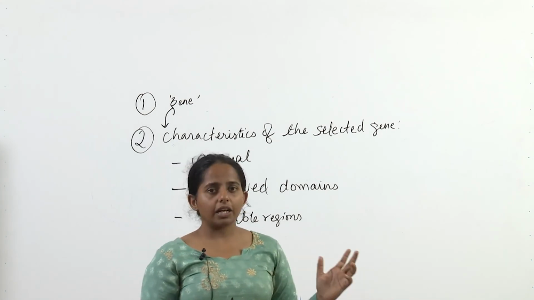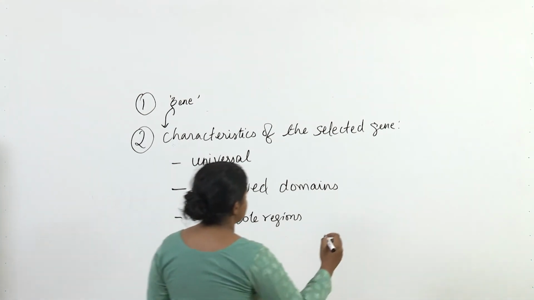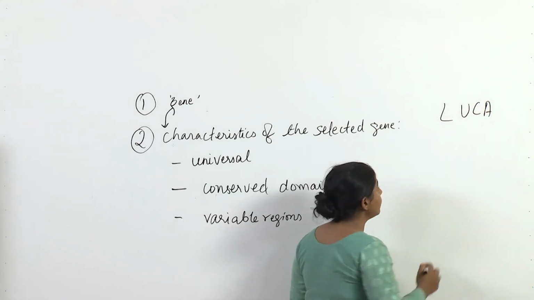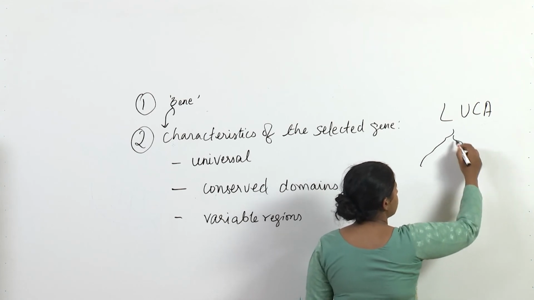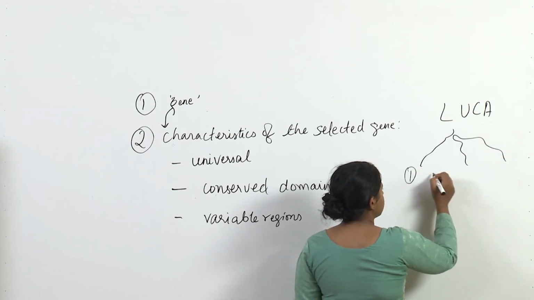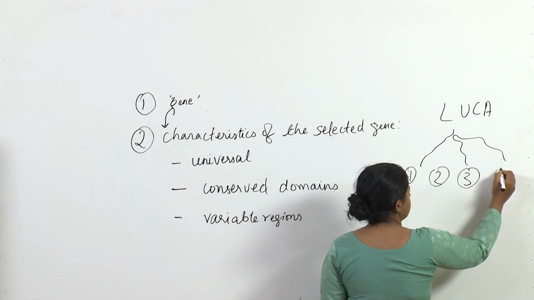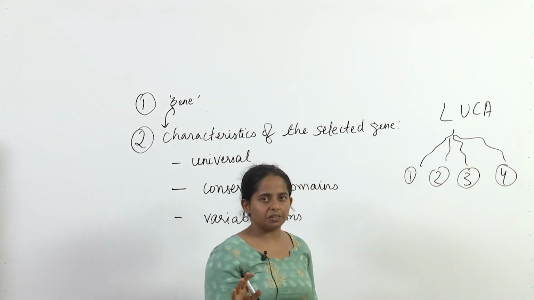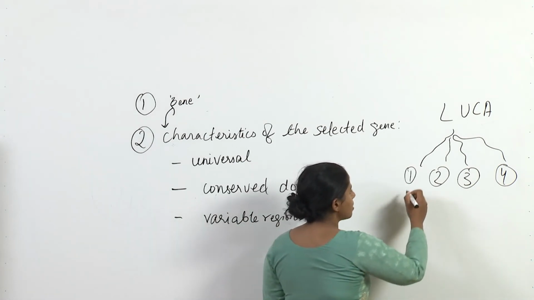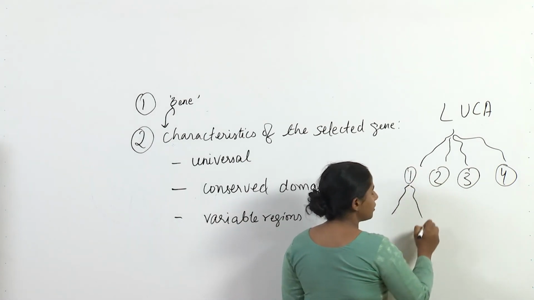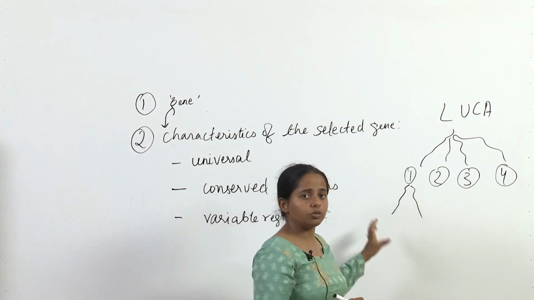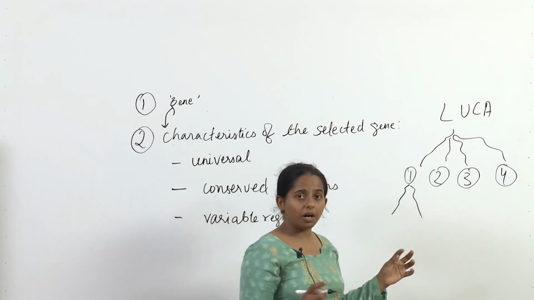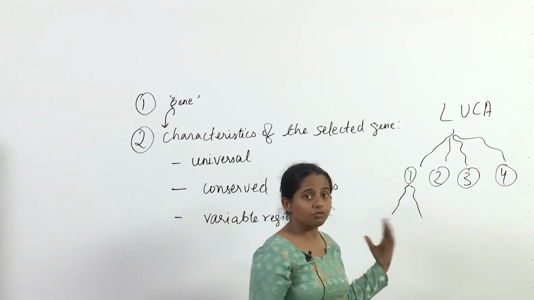We assume that LUCA had a certain genetic fingerprint, and as it evolved, its daughter lineages had slightly different genetic fingerprints, but there were some that were shared. If we could track these genetic fingerprints and how they changed over time, we can get an idea of which microbes evolved first, and which came later.